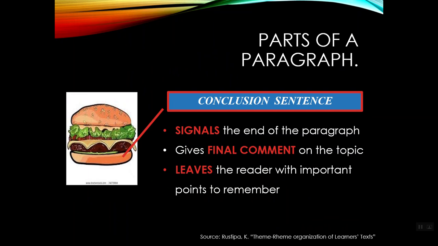You can also add a second or a third sentence if you need to leave the readers with important points to remember, because you might say, hey, now I have a second point coming up. So this is the end of the first point, which I believe is such and such, and then here comes the second point.